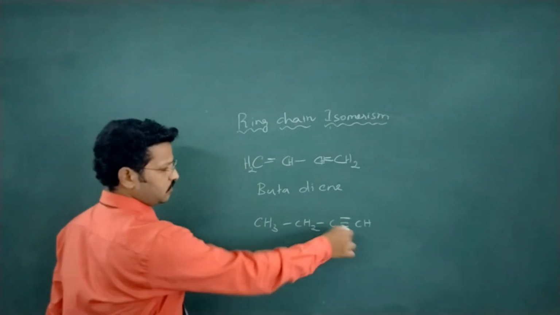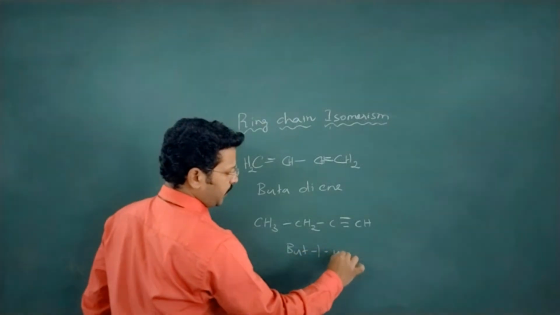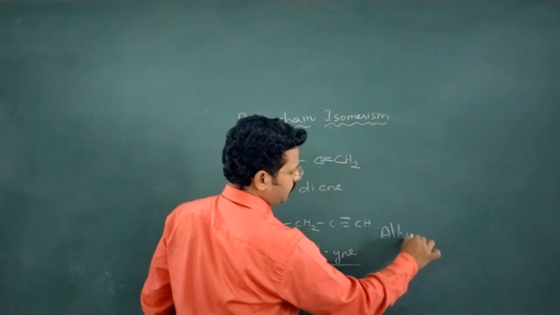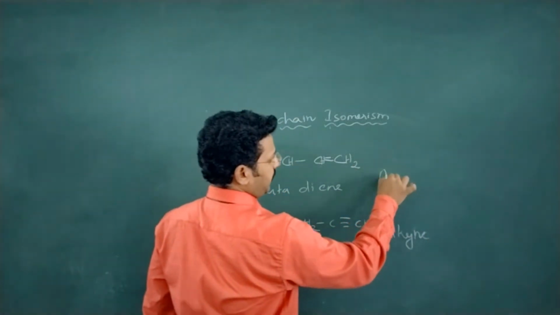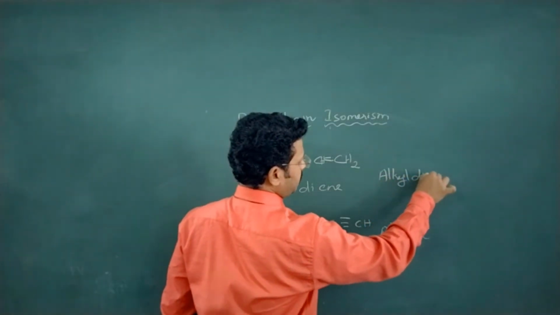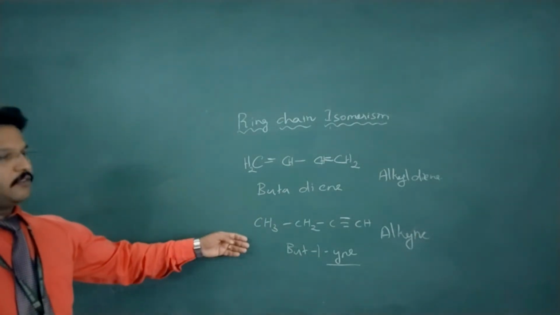And this is but-1-yne, an alkyne, and this is a diene. Alkyne and diene, these two are functional isomers actually.